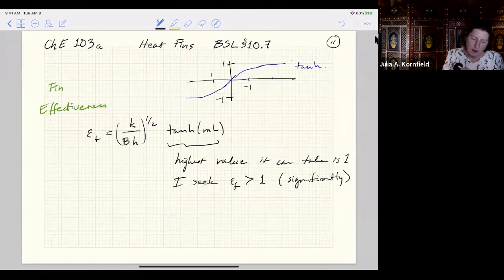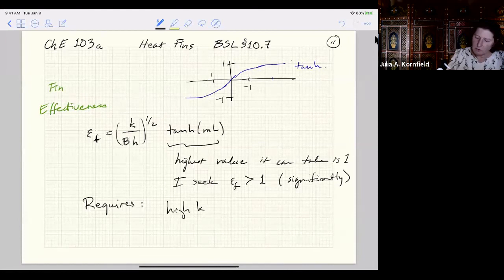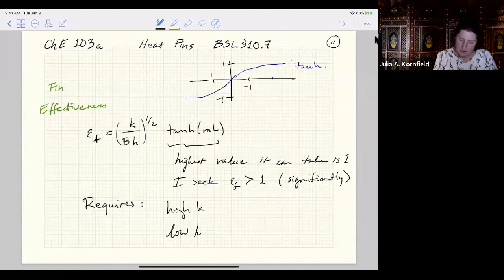So high effectiveness requires high thermal conductivity, and you only get the benefit of heat fins if you have low heat transfer coefficients. And then, right, a thinner fin tends to give you a higher effectiveness.